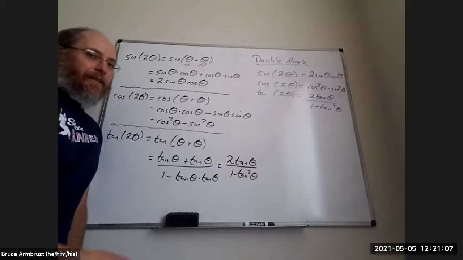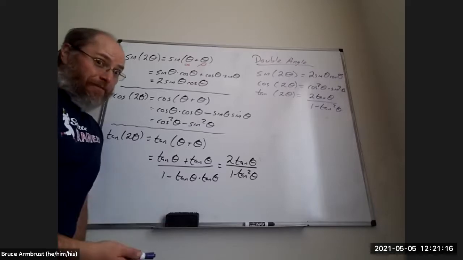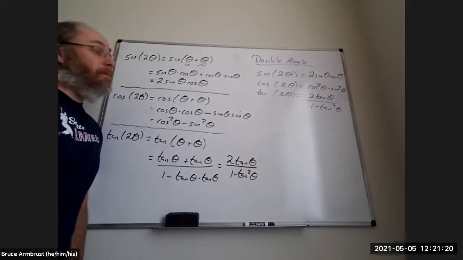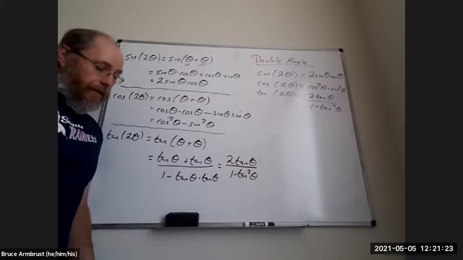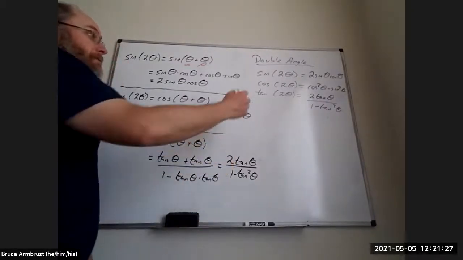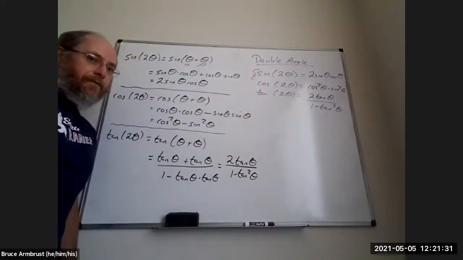They're just the sum of angles identities, where we're adding the same angles together. But they come up enough that we like to have them as a separate form. And I'll tell you specifically, the first one, oh my gosh, I use this all the time in calculus.